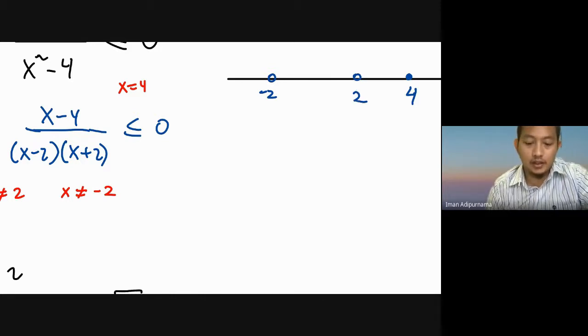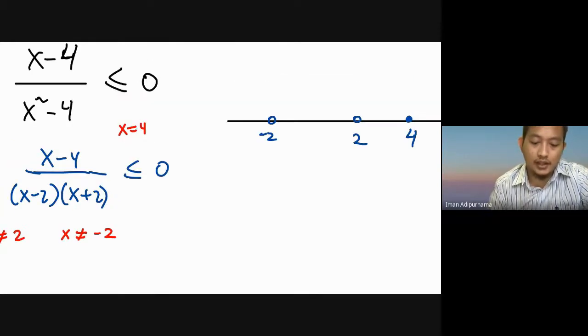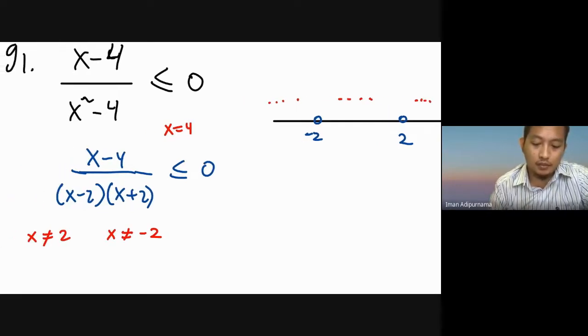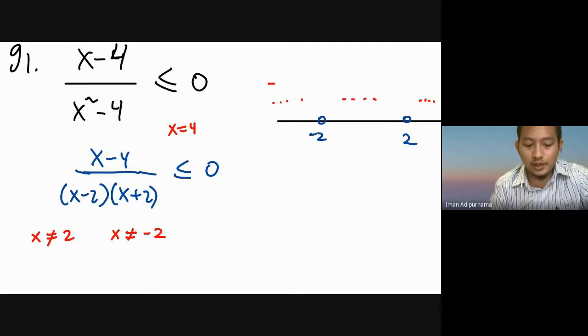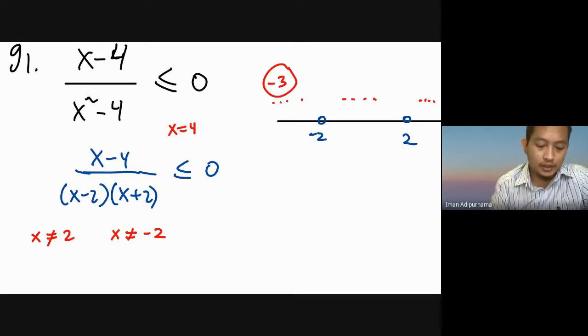Okay. And then how we can proceed from here, we need to select any number in between here. Now let's select from the left. Maybe we start with -3. If we plug in -3 inside the whole equation, it's negative, right?